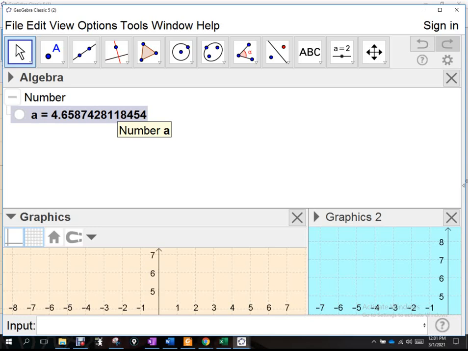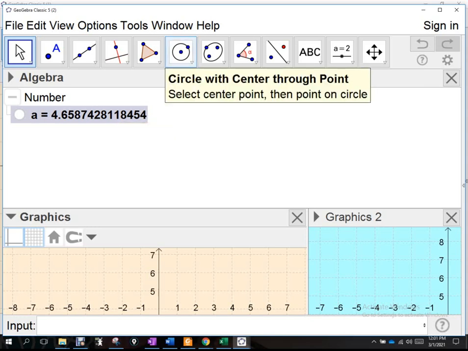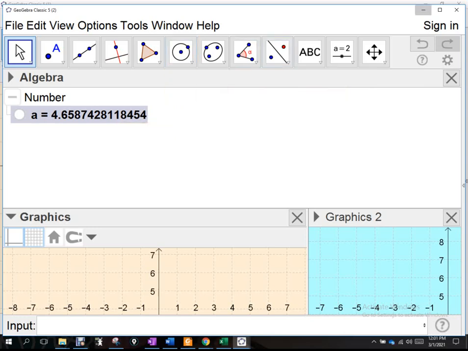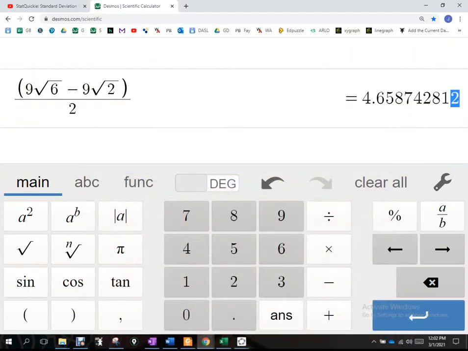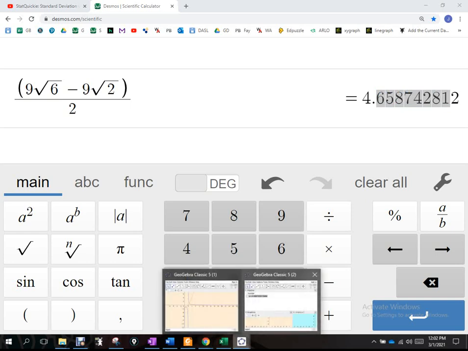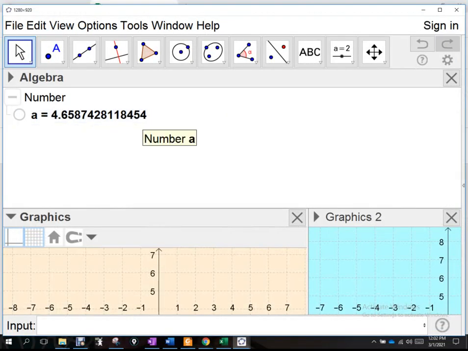So you guys talk about precision in your science classes, right? This tool is only precise out to essentially that many decimal places, where GeoGebra is precise out to that decimal place where my cursor is right now.